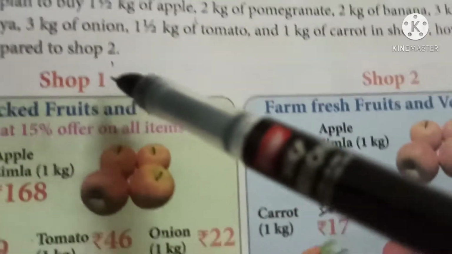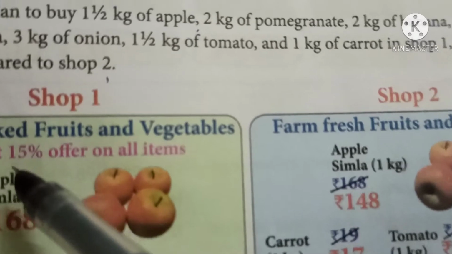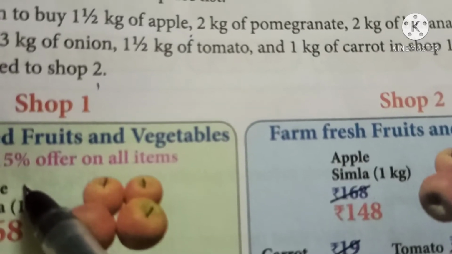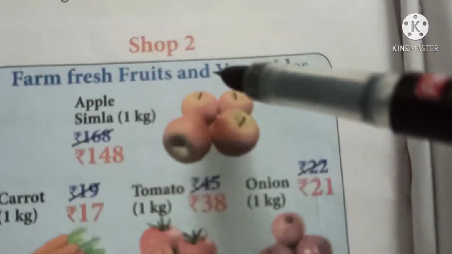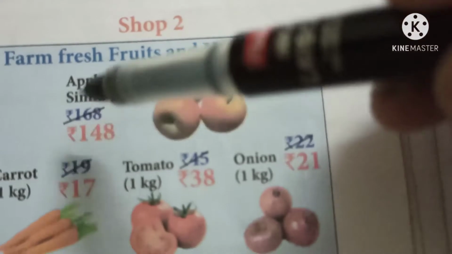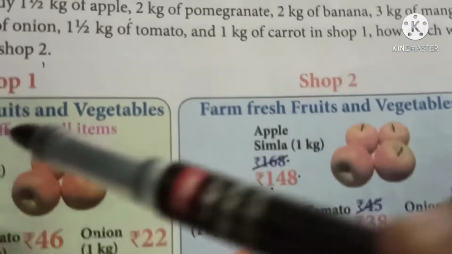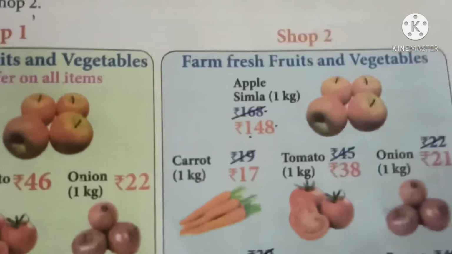So here in shop 1, they offer 15% discount on all items. But in shop 2, they reduce the amount. You have to prepare a bill for shop 1 and shop 2.